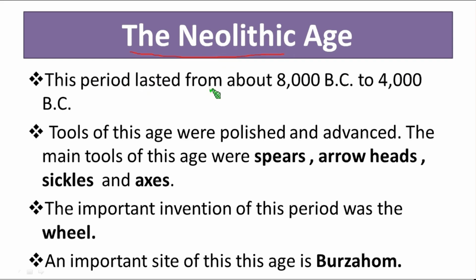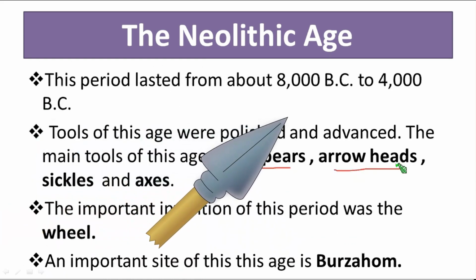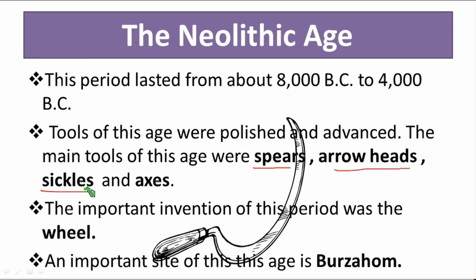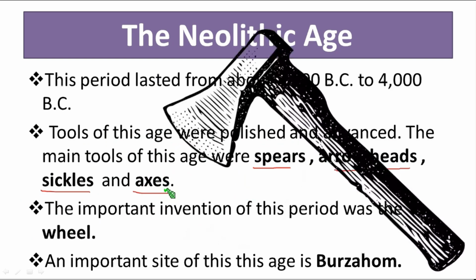The last age of Stone Age was Neolithic Age. This period lasted from 8000 BC to 4000 BC or BCE. Tools of this age were polished and advanced. The main tools of this age were spears, arrows, sickles, and axes.